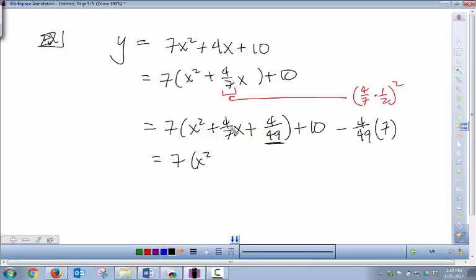So we got 7x squared. Well, let's write it as a perfect square now. This is supposed to be a perfect square, right? And provided that we did things correctly, and then we could deal with this. 4 over 7, I guess. 70 minus 4.